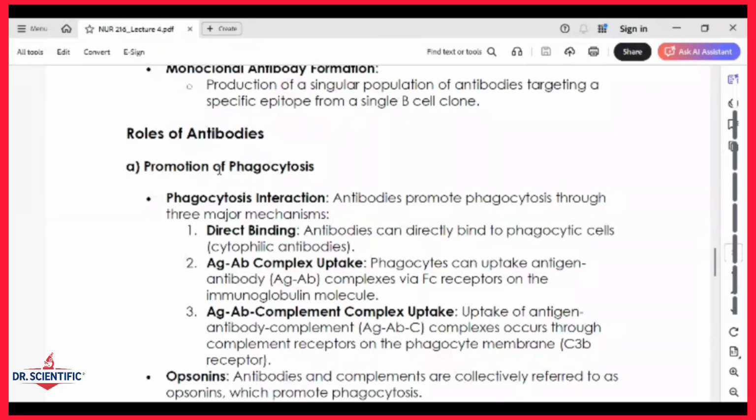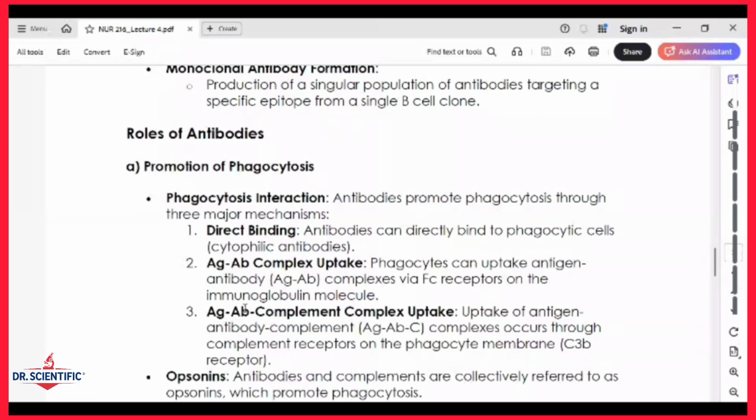We also saw C4b is a fairly good opsonin, if I'm not wrong. C3b, of course, definitely is an opsonin. Just remind me whether it is C5b or C4b, one of the two. It will be a very good opsonin.